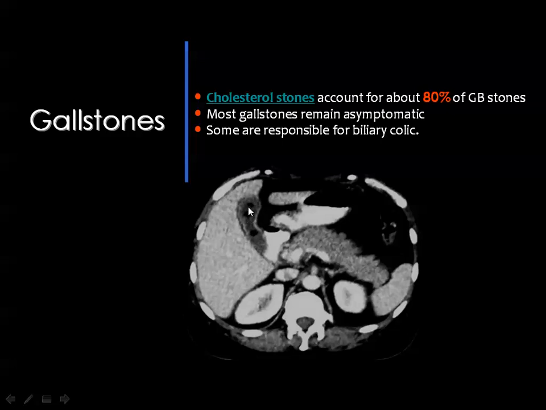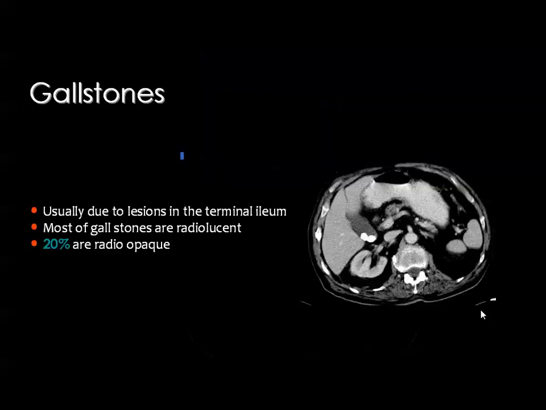Then you can see two extremely hypodense calculi inside the gallbladder. And they compare the hypodensity of fat with the hypodensity of the fluid inside the gallbladder. And this is the appearance of the gallbladder calculi by CT.